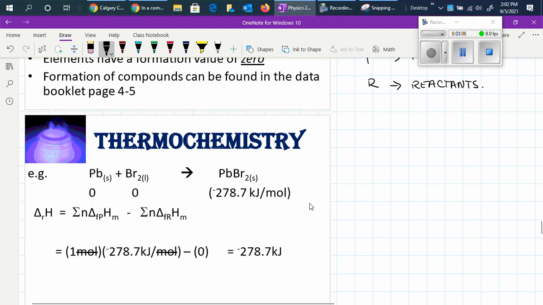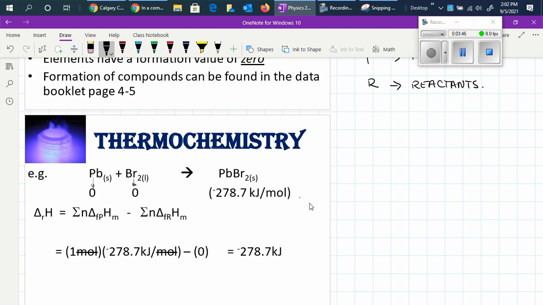So lead and bromine are reacting together to form lead bromide. Now, from page 4 or 5 of your data booklet, we can find that lead bromide has an enthalpy of formation of negative 278.7 kilojoules per mole. And lead and bromine, being elements, have an enthalpy of formation of zero.